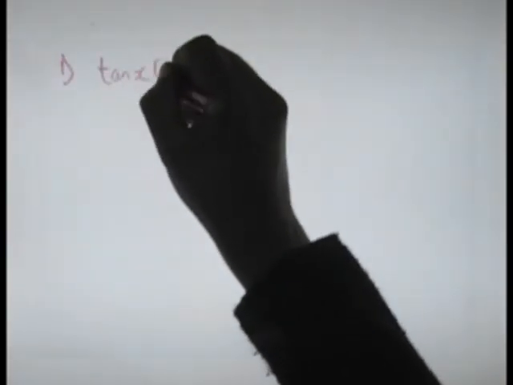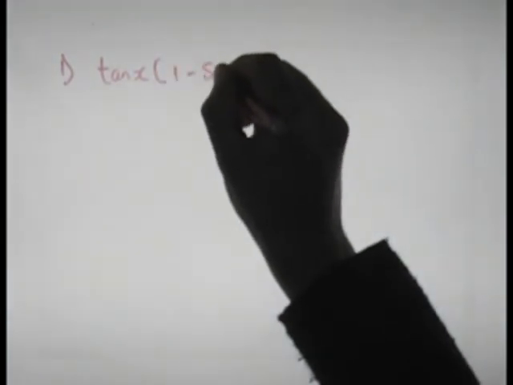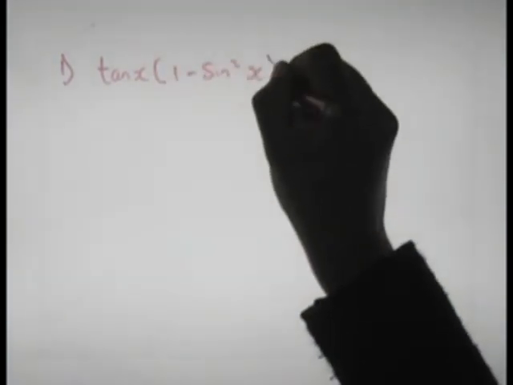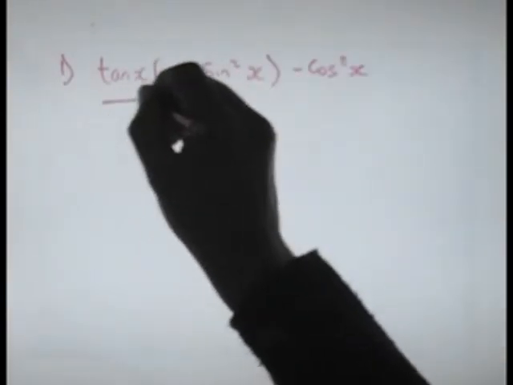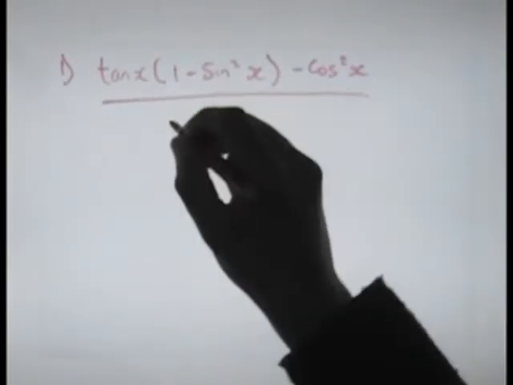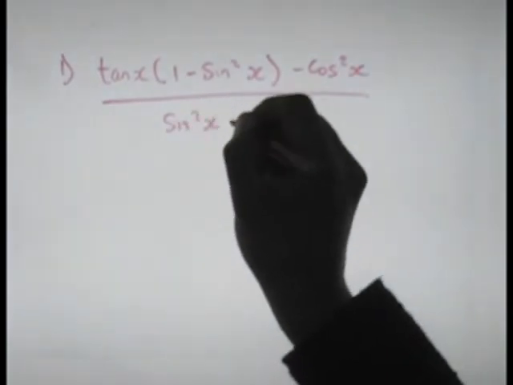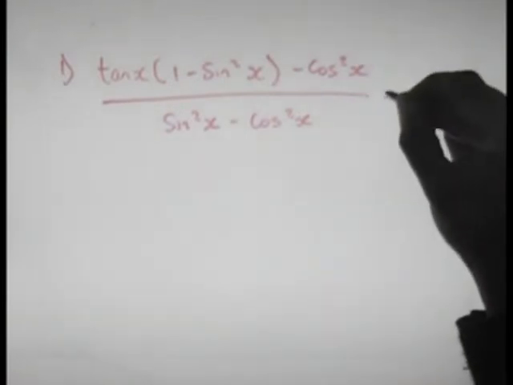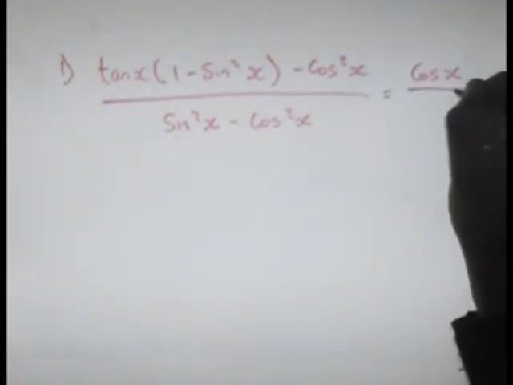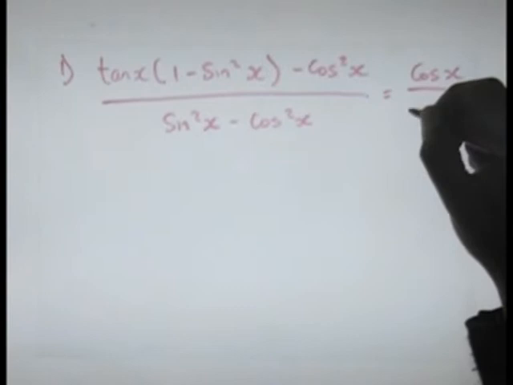The first example I gave you to do read tan of x multiplied by 1 minus sine squared x minus cos squared x, all over sine squared x minus cos squared x, is equal to cos x over sine x plus cos x.